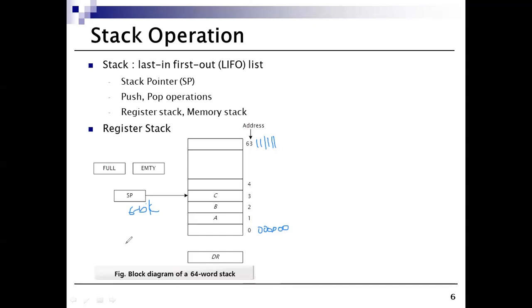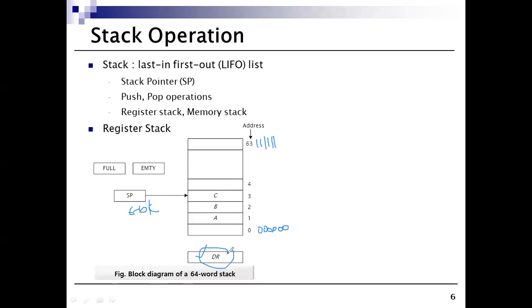And we have another register which is called DR, that's the data register. This holds the binary data that has to be written into the stack, or if you read out from the stack, the DR will hold that data.